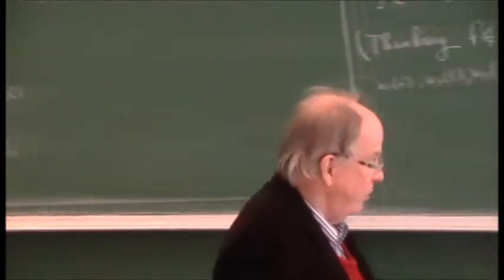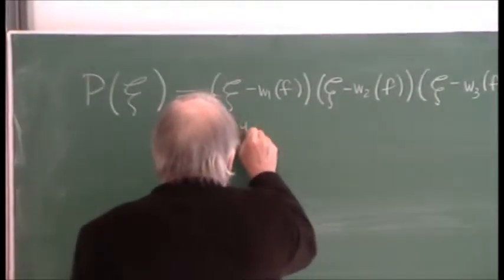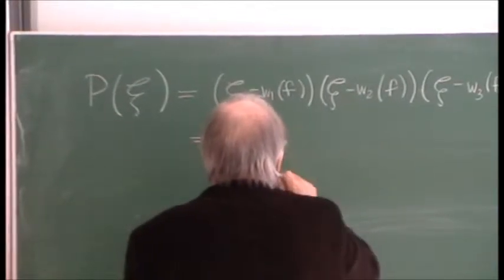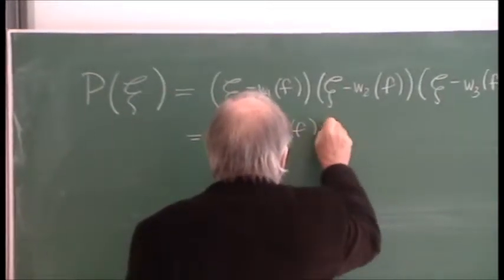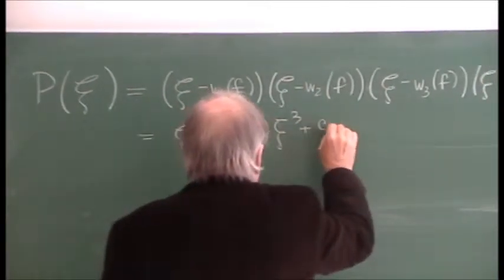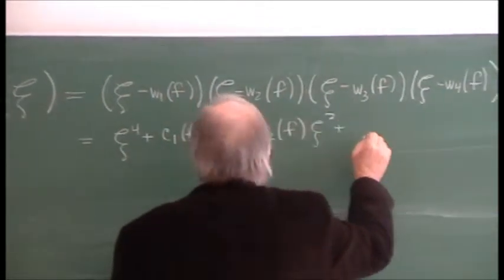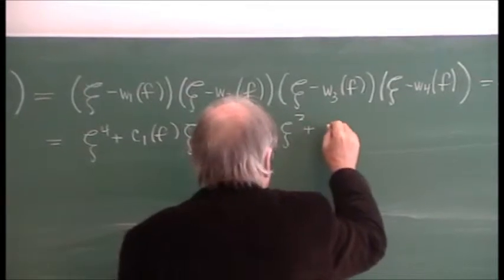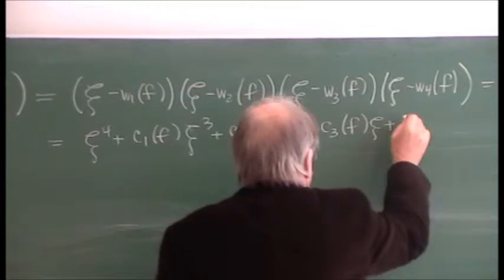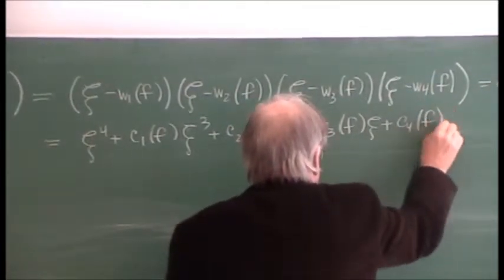So this polynomial is zeta to the fourth plus, let's say, a coefficient 1 of f times zeta cubed plus coefficient 2 of f times zeta. These various coefficients, maybe, I don't know, some systematic way would be better. What I'm writing here is probably not particularly good. Coefficient 4 of this polynomial.